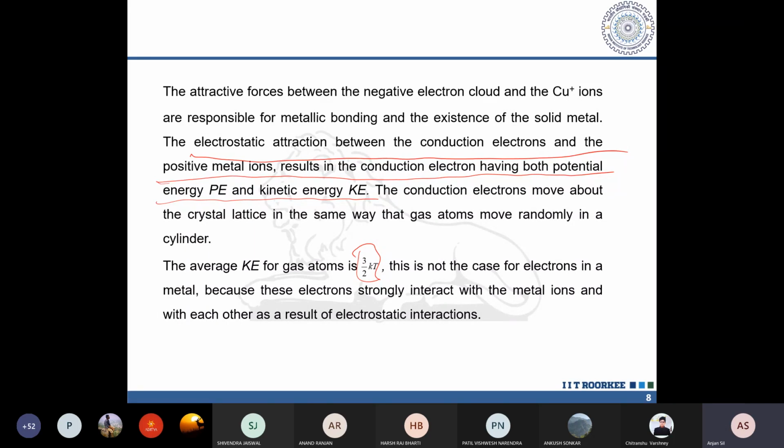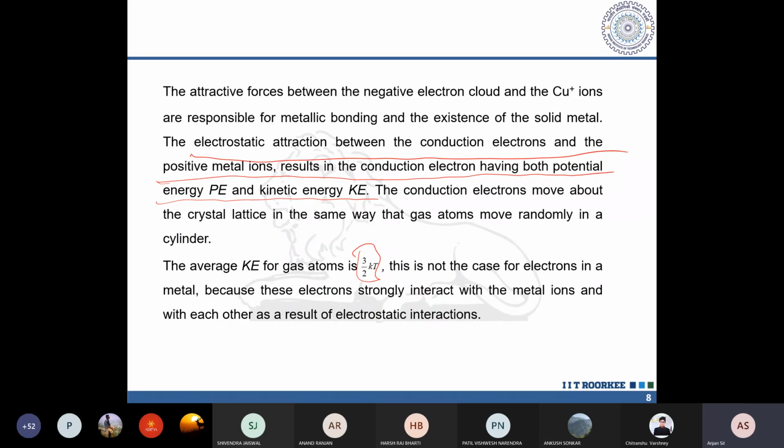So you cannot apply the gas molecular theory to this electron and positive ion interaction case. You understand the critical difference? Otherwise you can say electron gas, that is fine, but if you treat it that way, the energy cannot be 3/2 kT. It will be something else.